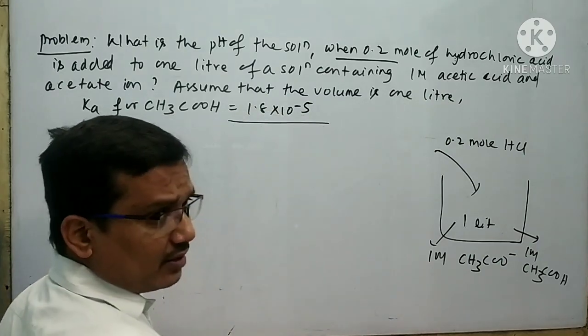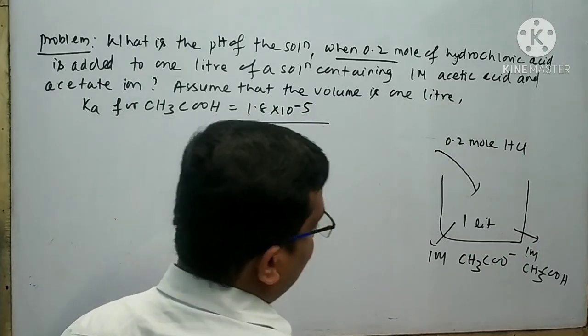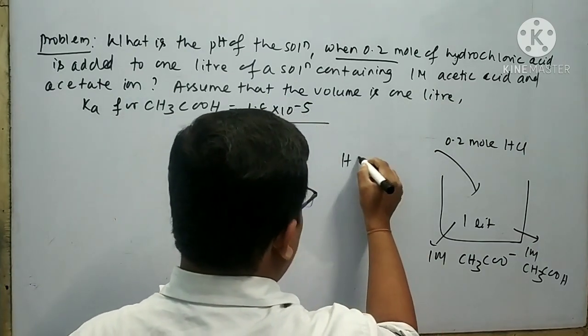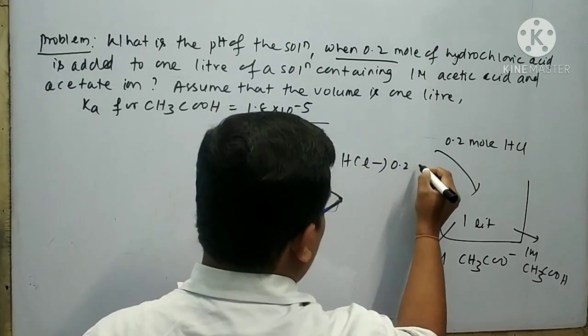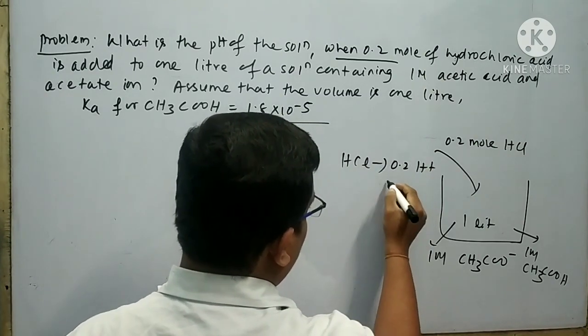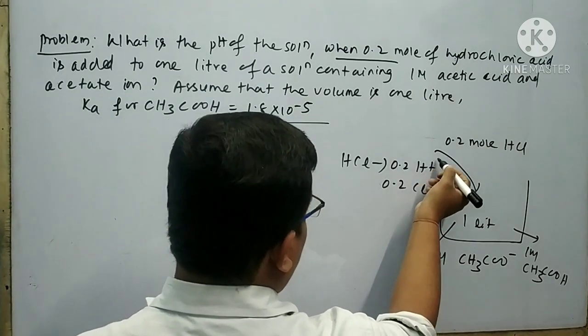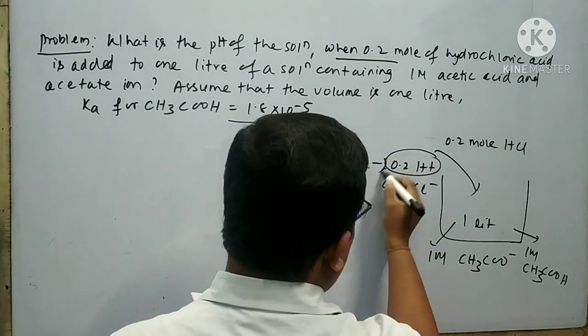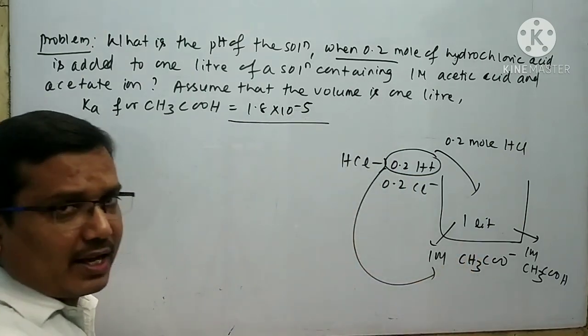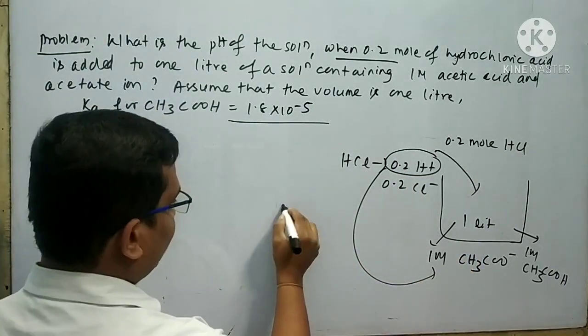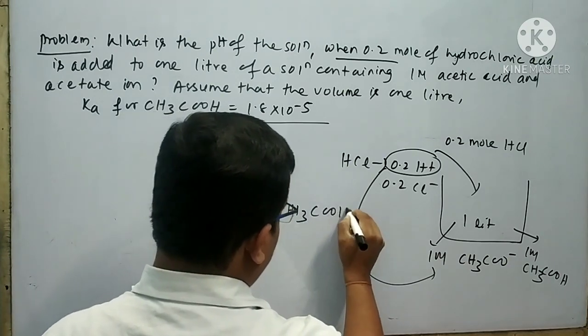When we add 0.2 mole of HCl, what will happen? HCl gives 0.2 mole of H plus ion and also 0.2 mole of Cl minus ion. That added H plus ion will combine with the acetate ion to form acetic acid.